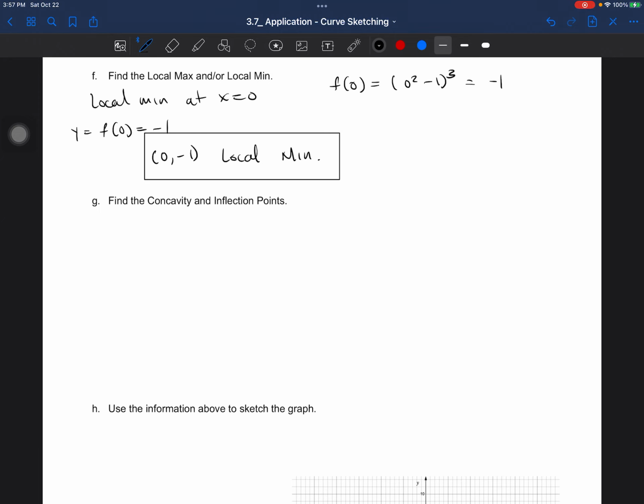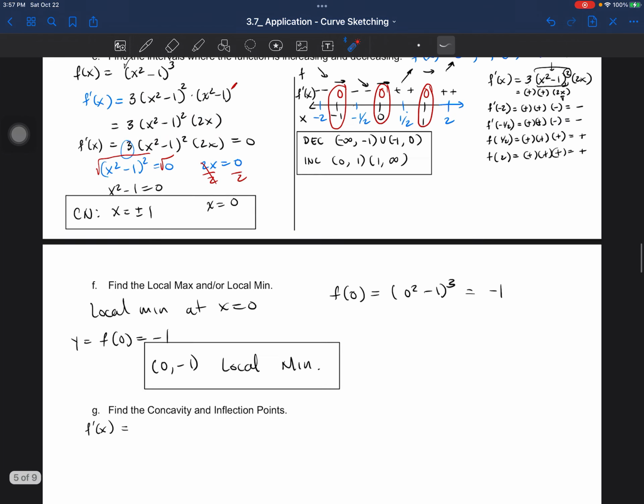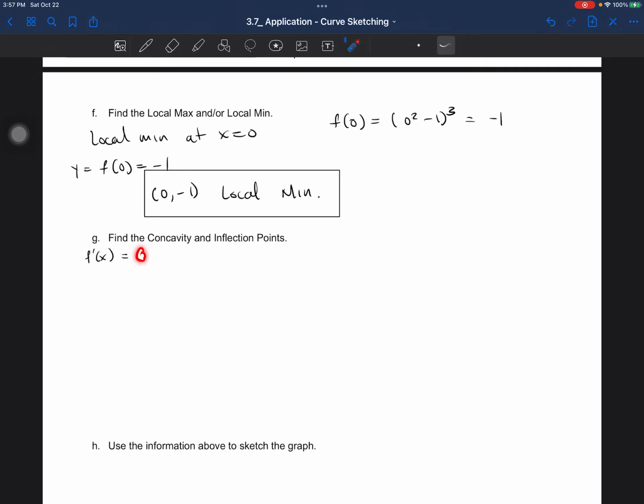All right, so now we're going to find concavity. The concavity is found where the function... and we're going to have to take the second derivative for that. So let's look at the first derivative. What we're going to do for the first derivative is multiply these two together.